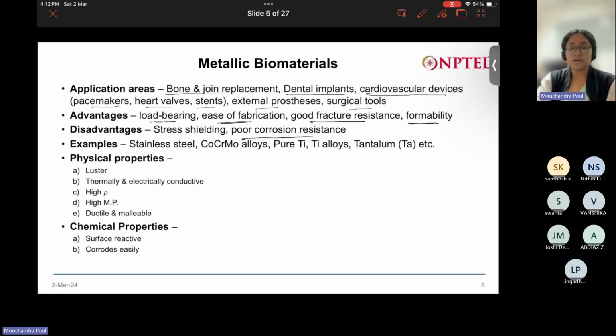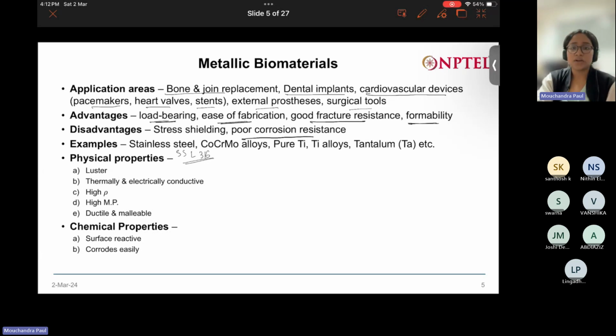Now, various examples are stainless steel, specifically stainless steel of low carbon grade 316. This grade of stainless steel is used for biomaterials. But when you use a stainless steel katori or thala, whatever utensils are used in the home, that is of 304 grade. So the grade used for making implants is different. It is low carbon 316 grade.